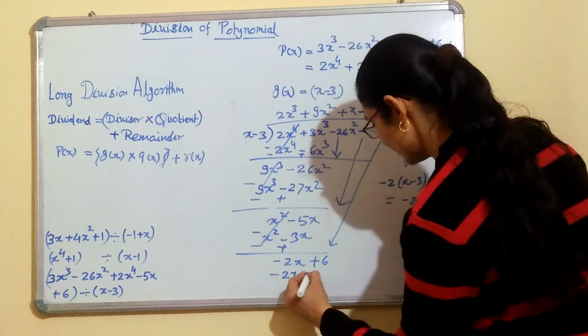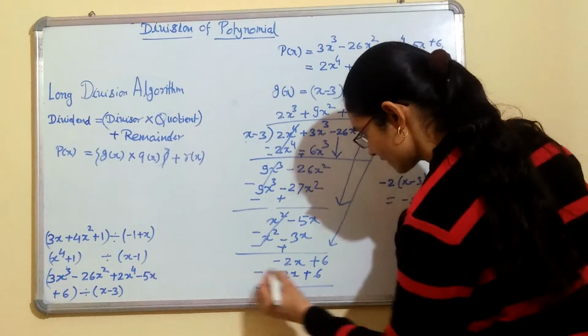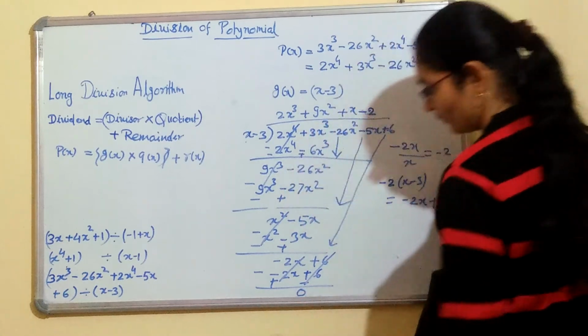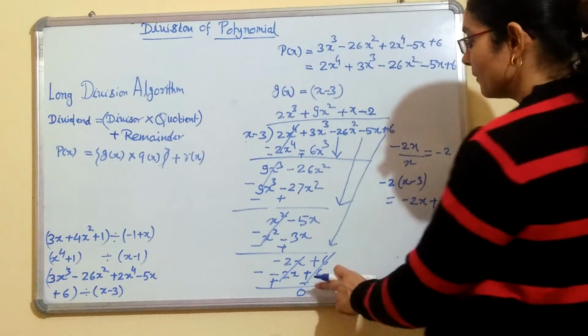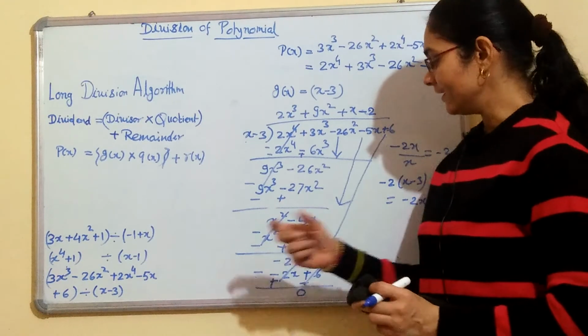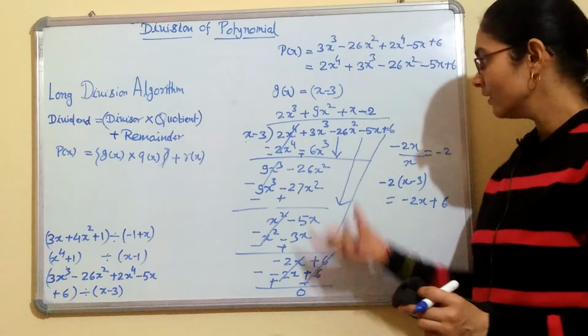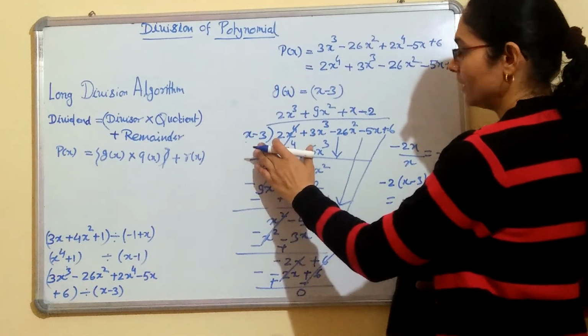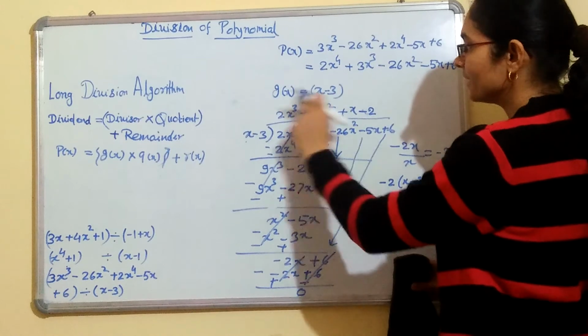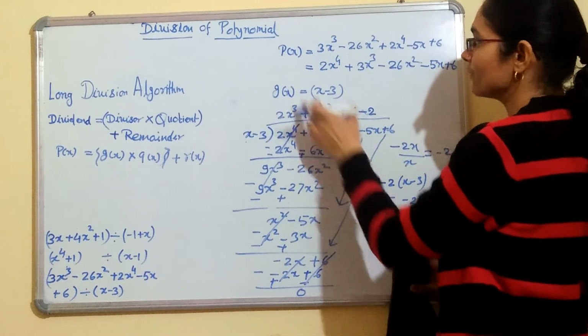Subtract this from the dividend, we get 0. Now this is the remainder. That means in this example we find remainder is equals to 0. So x minus 3 is a factor of p(x), and the quotient, that means q(x), is also a factor of p(x).